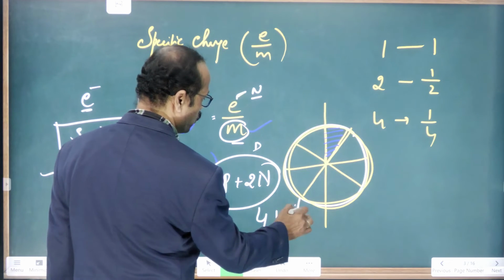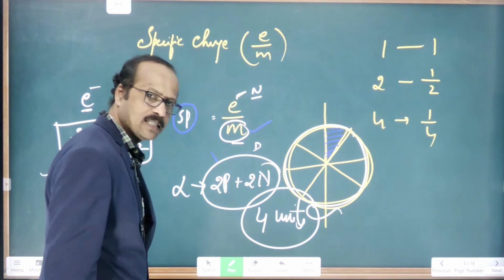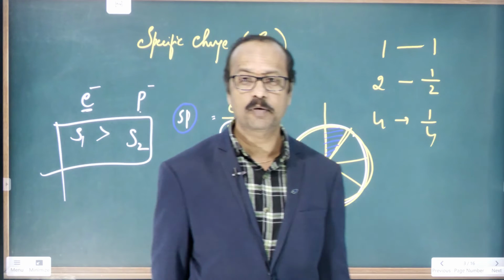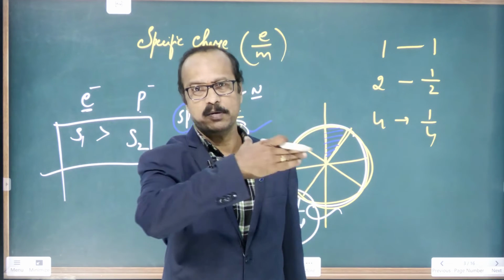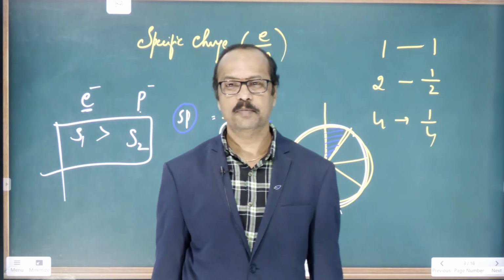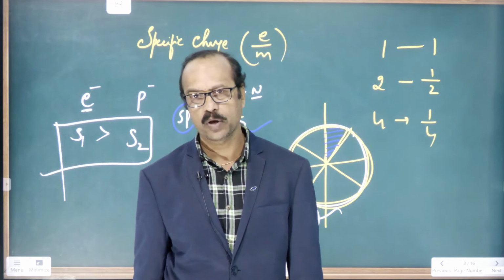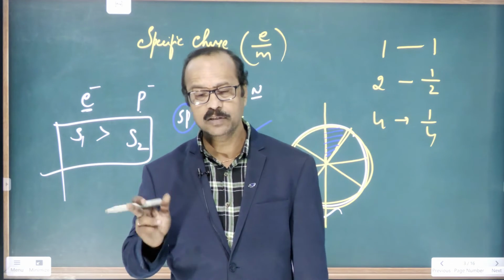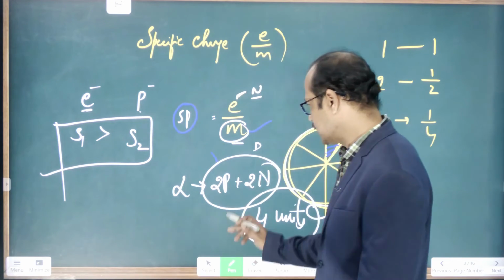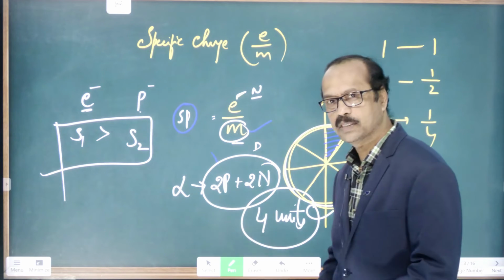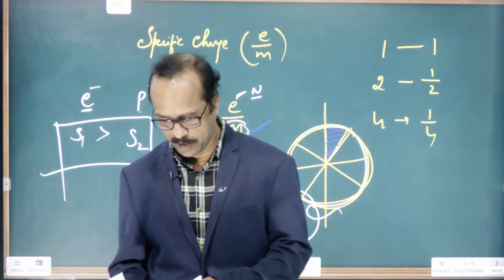We will discuss the alpha particle in the next class. We have the Rutherford atomic model, where the gold foil experiment is there. In that experiment, alpha particles are used to bombard the gold foil, and I'll explain the alpha particle there. As of now, think of the alpha particle as 2 protons and 2 neutrons, and it is heavier, right?